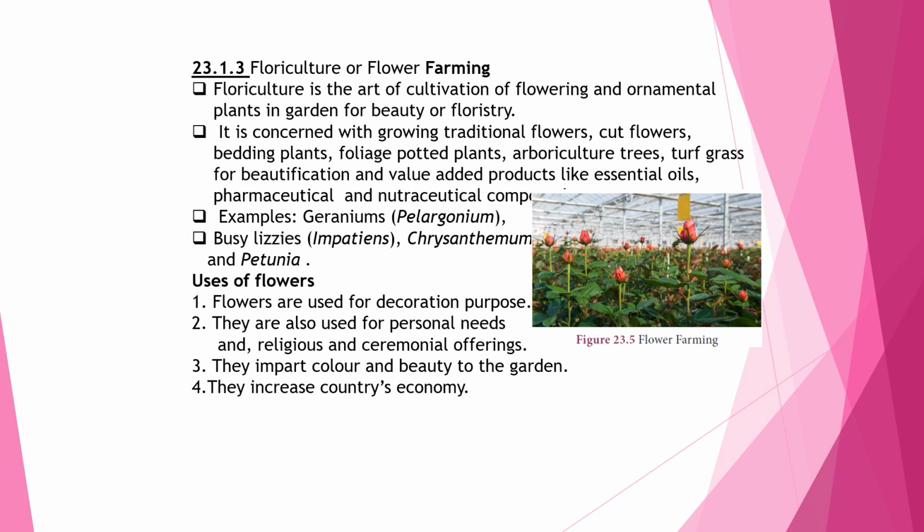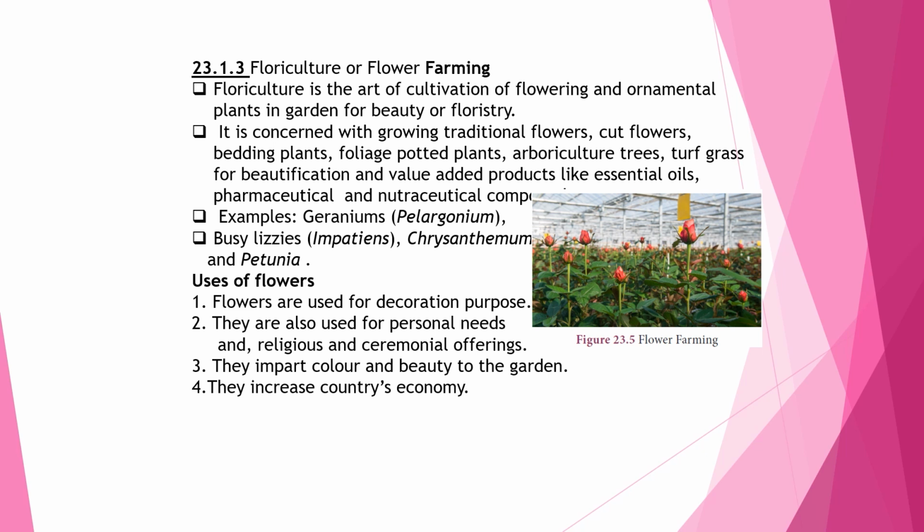I hope you remember this. Now these arboreal trees, plants living on trees. Traditional flowers, normally what we are growing in a garden for normal usage, that is traditional. And bedding plants, for acres together. See this picture that is given, how much you could see with your own eye, that is bedding of plants.